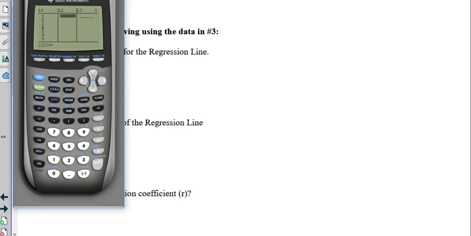And go to list 2, and put in your scores. And after you hit enter on the last one there, it should also be on 11.